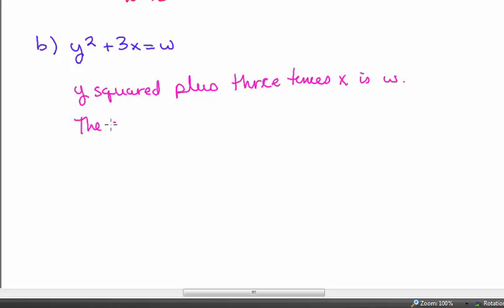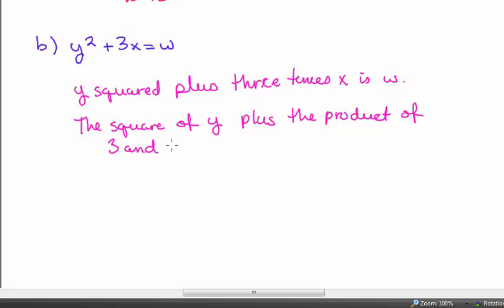The square of y plus the product of 3 and x equals w. Excuse me, that's another possibility.